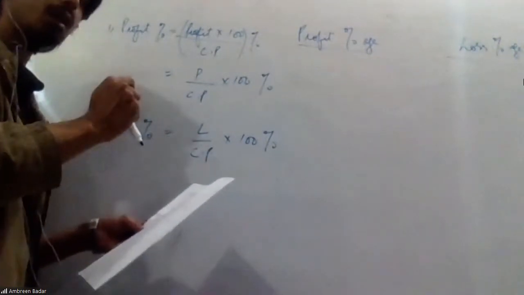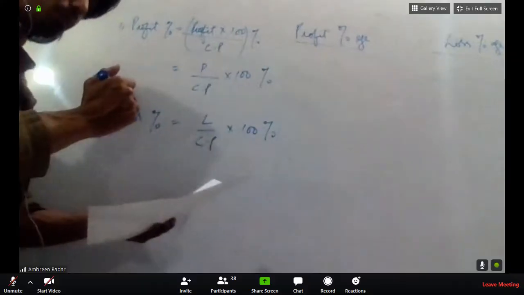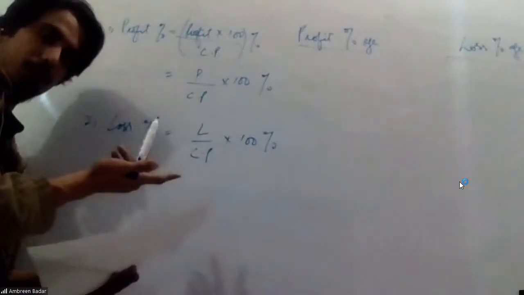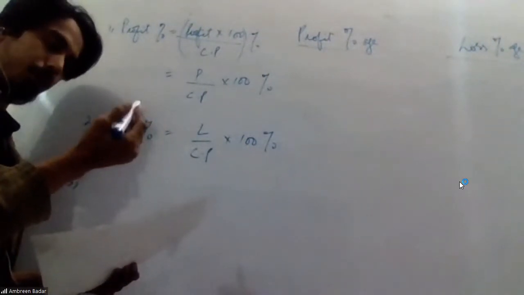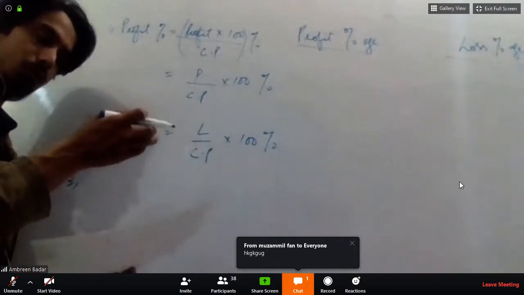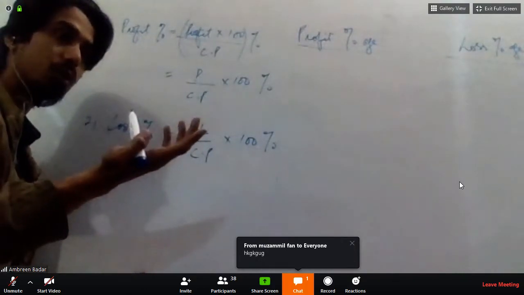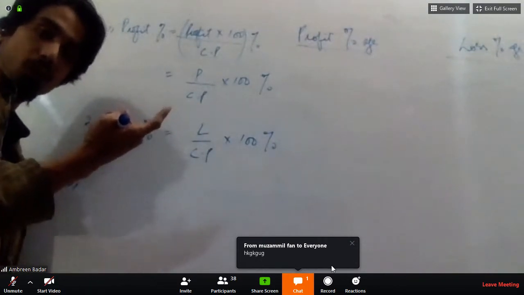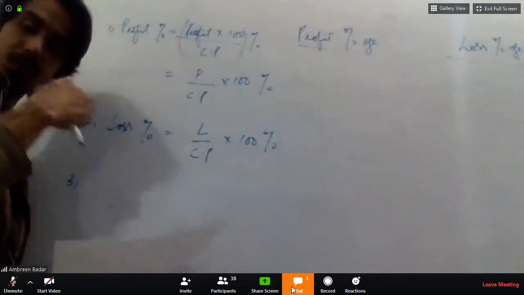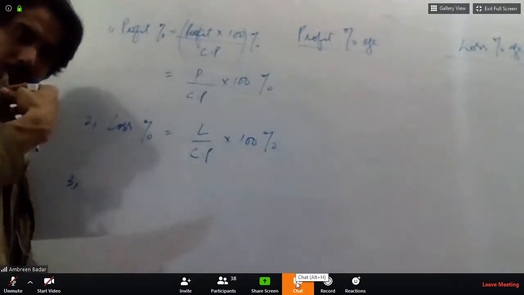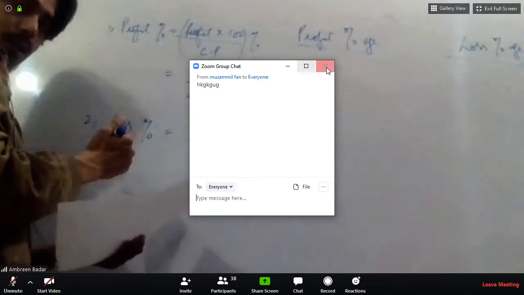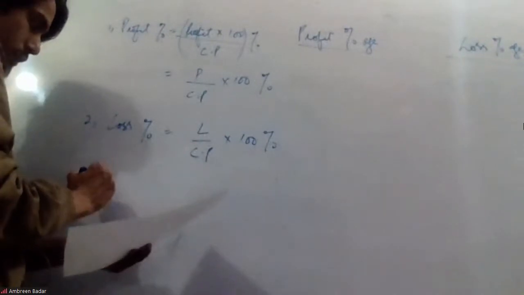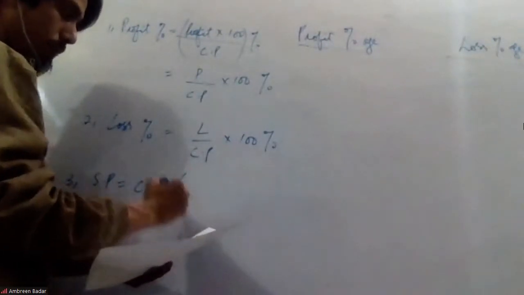Now, there are a few more formulae. Let me write them for you. Sometimes it happens that the profit is given and the cost price is given, and the question asks you to find the selling price, the price at which the shopkeeper sold the item. Then selling price equals cost price into 100 plus profit percent, upon 100.